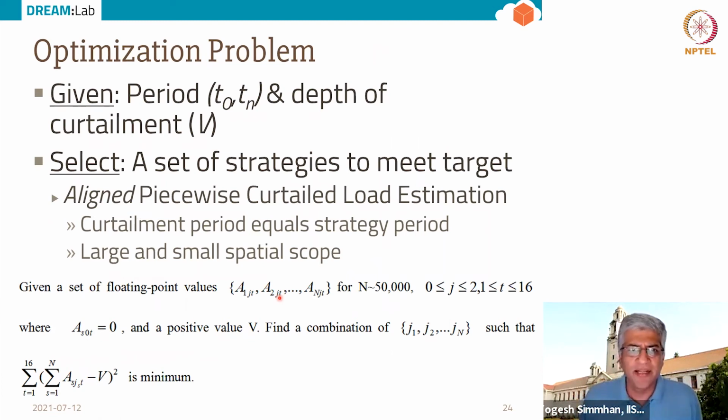Where, given a certain target and a time period, you want to mix various curtailment strategies such that the sum of all these curtailments is as close as possible to the required curtailment, right? And one of the ways to solve this problem is a classic problem called change making or coin making.